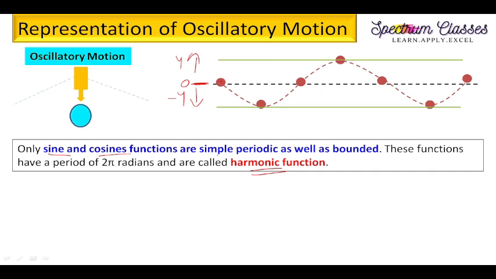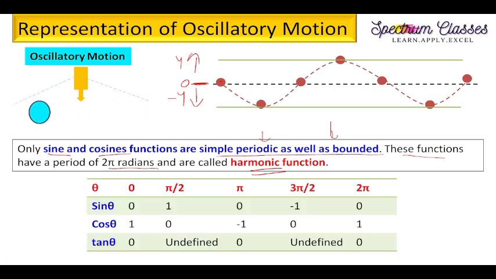These sine and cosine functions are simple, periodic as well as bounded. I will discuss how we can say they are periodic and bounded, but before that I will summarize. These functions have a period of 2 pi radians, and this is called a harmonic function.